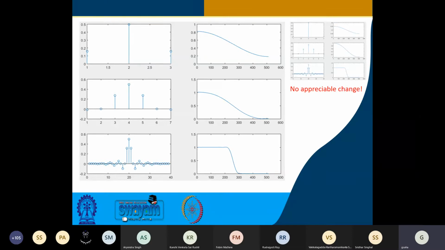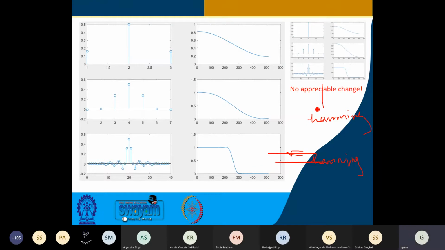Now, if you compare, this was Hamming weighted, and what you see here is Hanning. Apparently there is no appreciable change, because of the scale in which I have made the screen available to you.